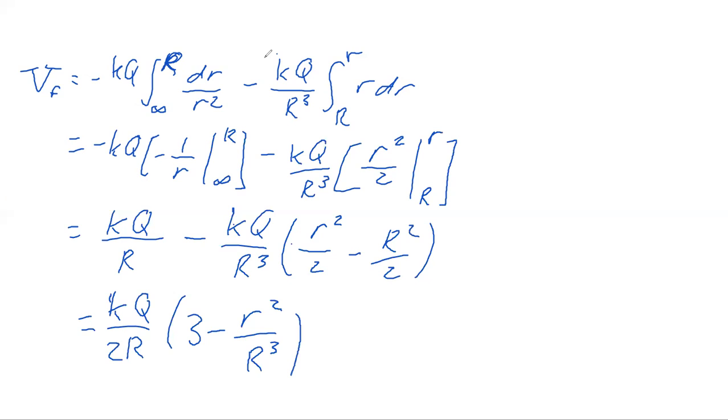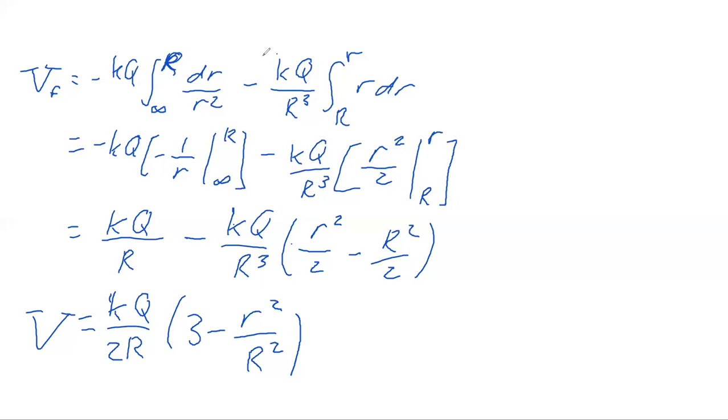No, it should be r squared. Where did r squared come from? Oh, no, yeah, r squared. Doing too much math in my head. Maybe you guys should double check my algebra there, but I kind of just want to move on. Okay, so this is our voltage here.